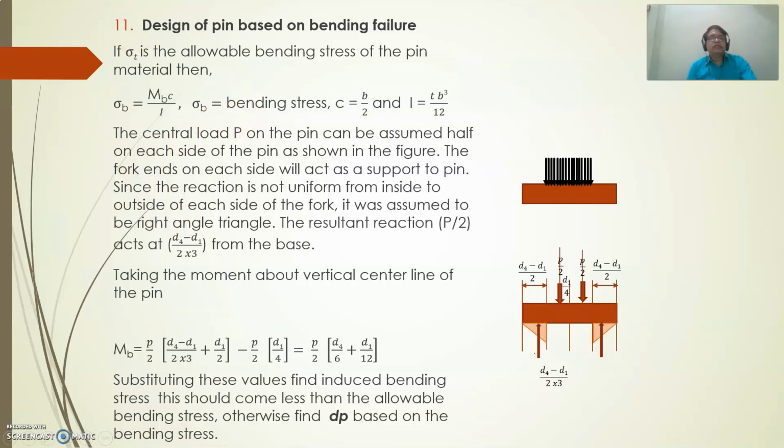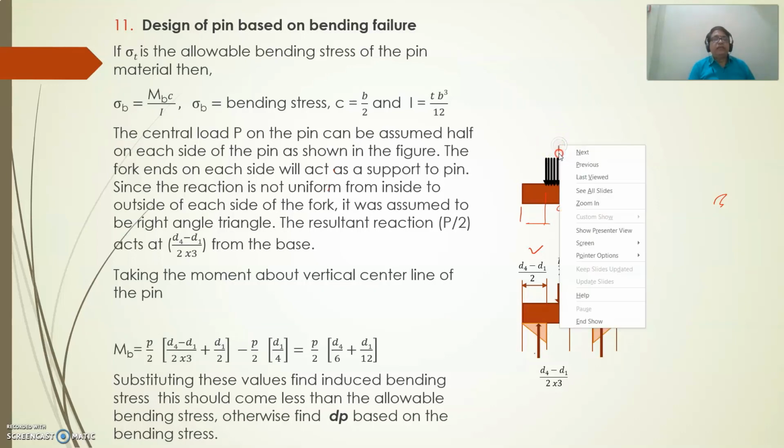So d4 minus d1 divided by 2 gives this distance, and this distance is again d4 minus d1 upon 2. This is the load, the uniformly distributed load P.